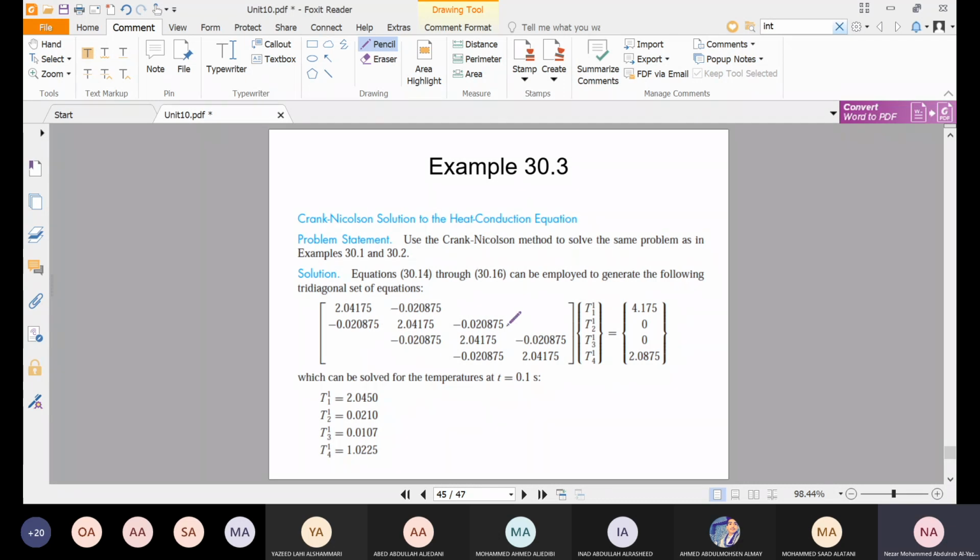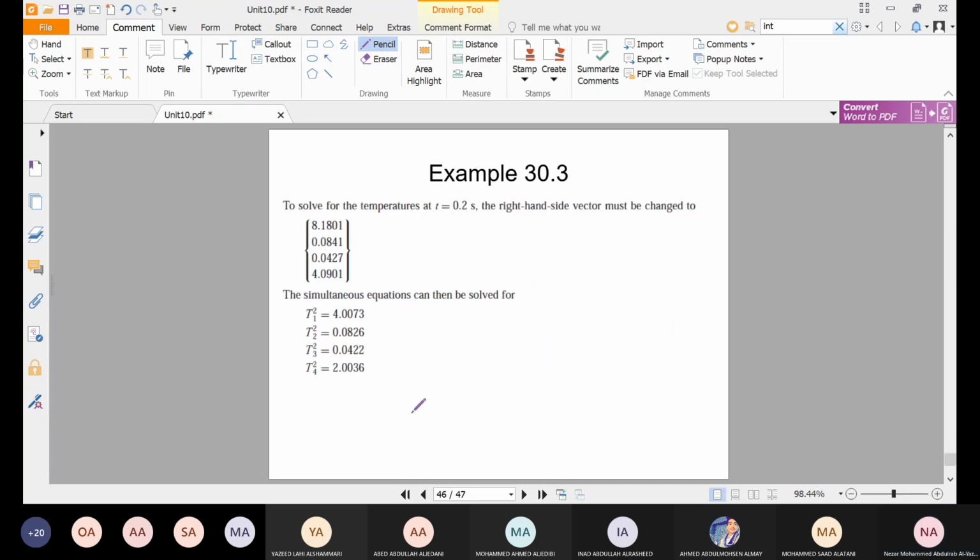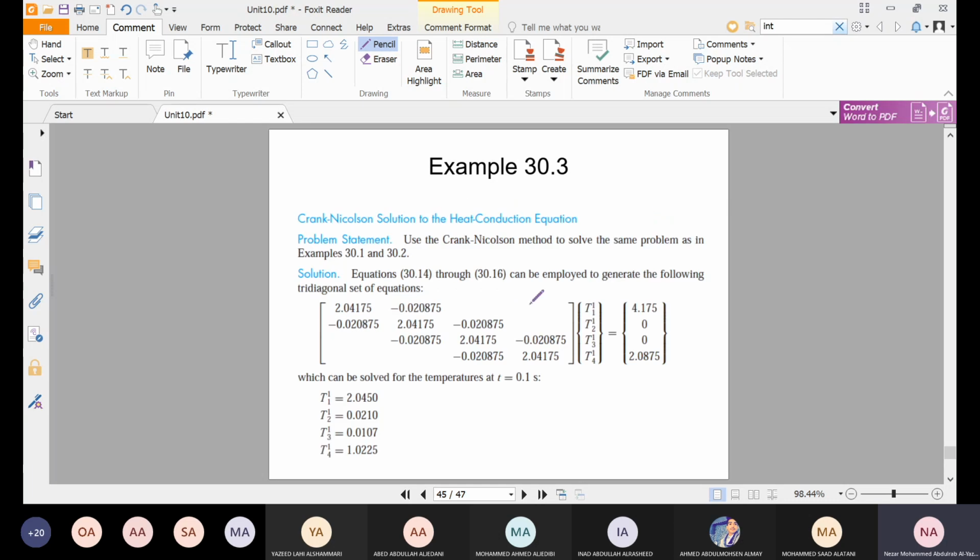So we just update the matrix here. After that, we solve for the temperature by using Gaussian elimination, and then we change the right side vector. We update the right side vector by substituting the values that we have in the equation.